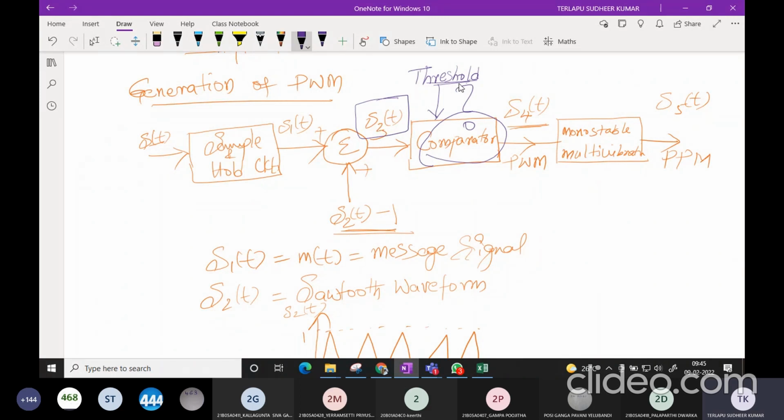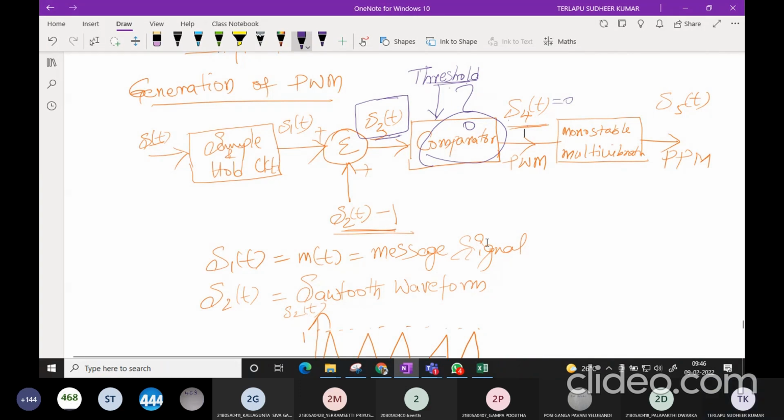If S3 of t is less than the threshold, then my S4 of t would become 0. So as long as S3 of t is greater than the threshold, my output is high, and as long as S3 of t is less than the threshold, my output is low. So this is what a comparator does.